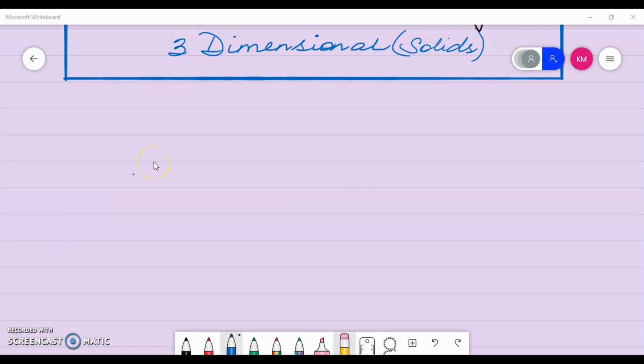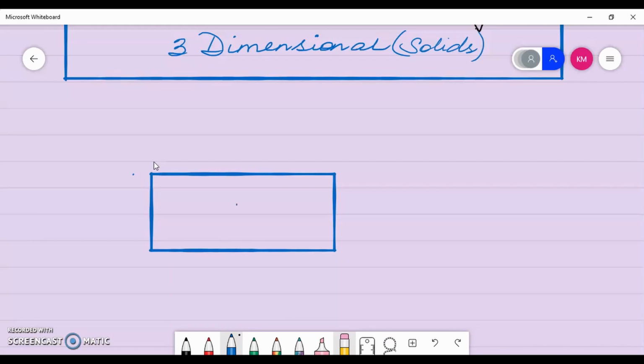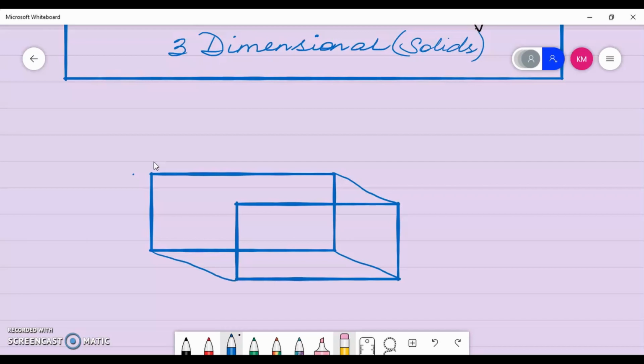Now let's have a look at another solid called the cuboid. In order to draw the cuboid, I need to use 12 lines. 1, 2, 3, 4, 5, 6, 7, 8, 9, 10, 11, 12.